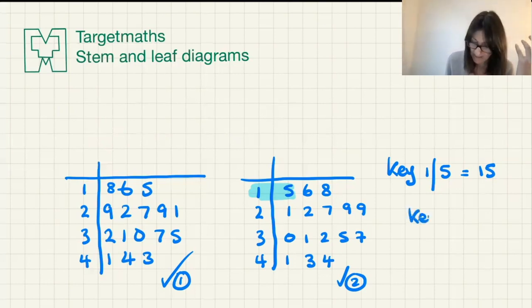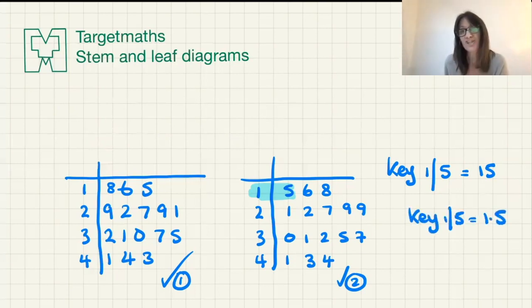I could say, okay, my key is 1-5 and that equals 1.5. Now I've just changed all the numbers into decimal numbers because the key is telling me that this here means 1.5, which means this is 2.1 and this is 2.2 and so on.